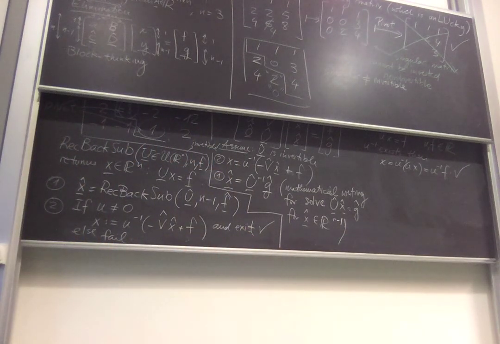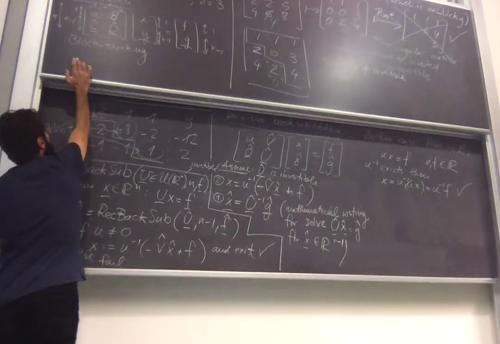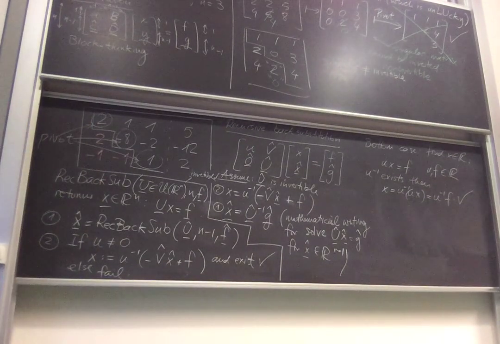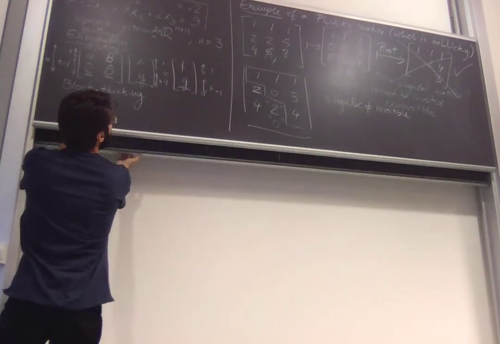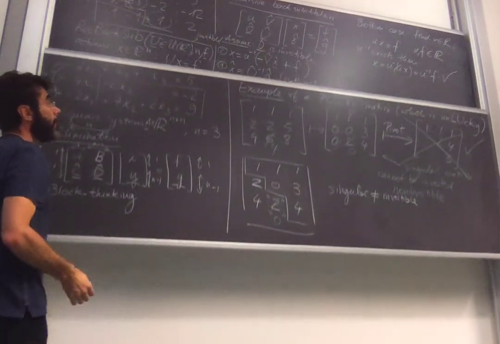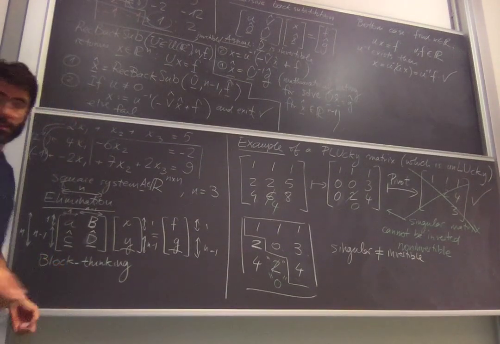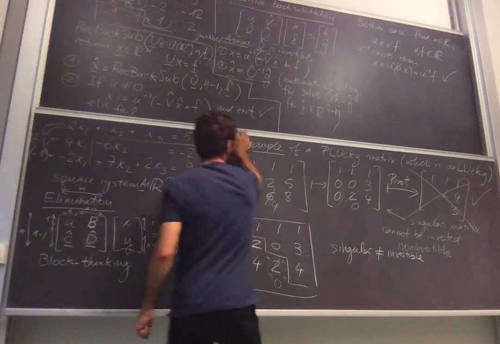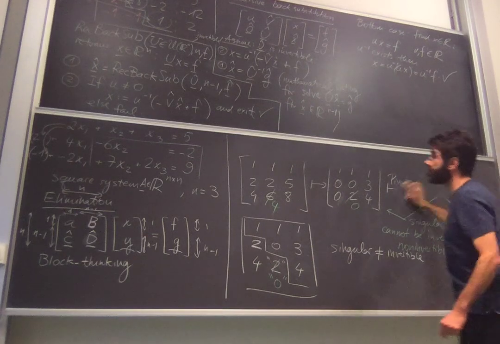Big Daddy, Gaussian elimination. Okay, so let's take a moment, relax a little bit. Maybe we should keep this one. And let's do Gaussian elimination in the same pattern as we did the recursive back substitution.